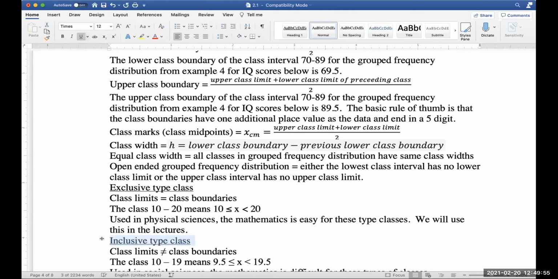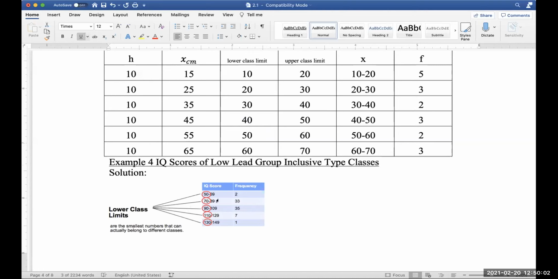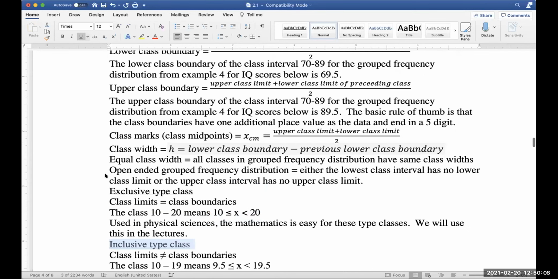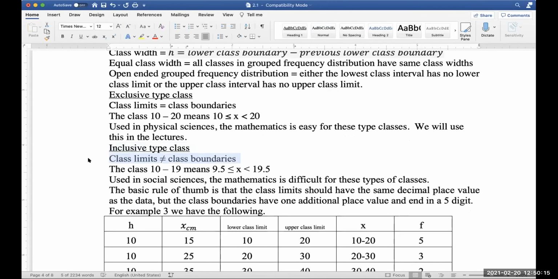The inclusive type classes, these 50 to 69, 70 to 89, 90 to 109. So these are inclusive type classes. In inclusive type classes, the class limits are not the same as the class boundaries.